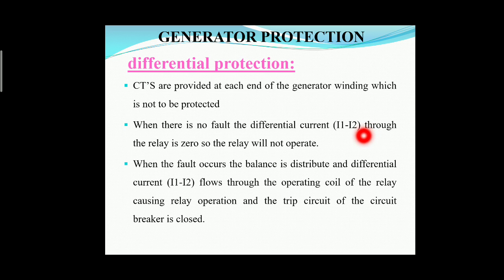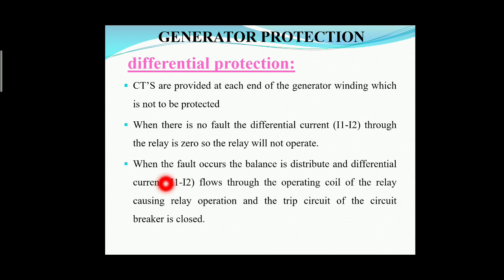Next, when a fault occurs, suppose under short circuit conditions, the balance is disturbed and the differential current I1 minus I2 flows through the operating coil of the relay. Then there is a difference between the two CT currents.